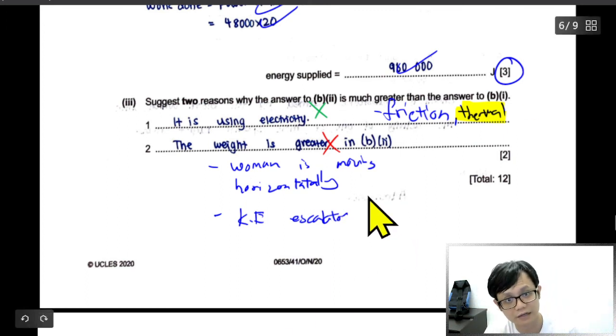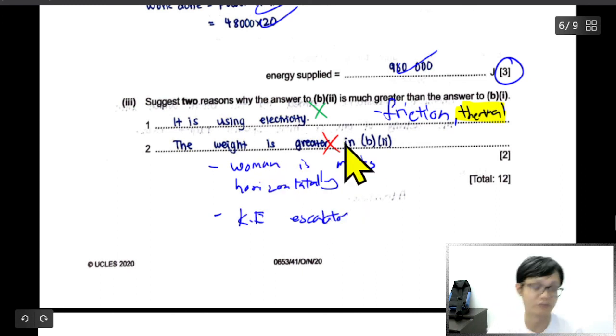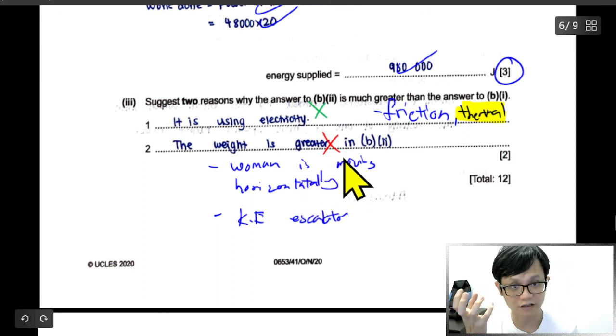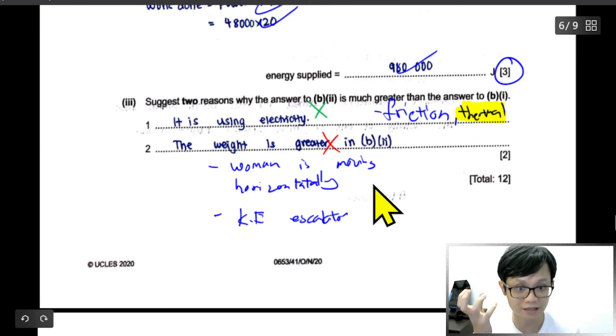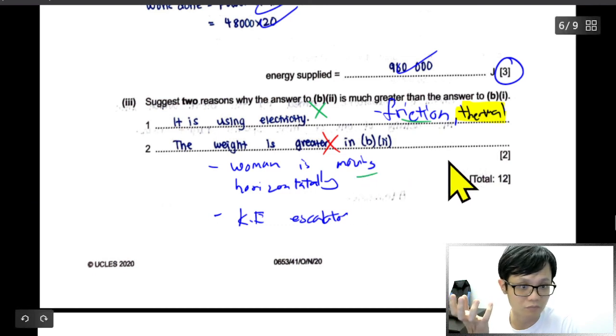Because one of the premises in energy is that energy cannot be created, energy cannot be destroyed, energy can only be transferred from one form to another. So if energy cannot be created or destroyed, it must go somewhere. So where does it go? We say that it either goes into friction, or it could go to the woman moving horizontally.